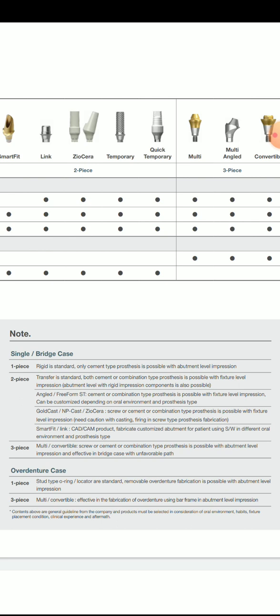Whereas the transfer abutment, a standard two-piece abutment, can have both cement or combination type prosthesis, and a fixture level impression is possible. Abutment level is also possible, but we generally use a fixture level impression for a transfer abutment.